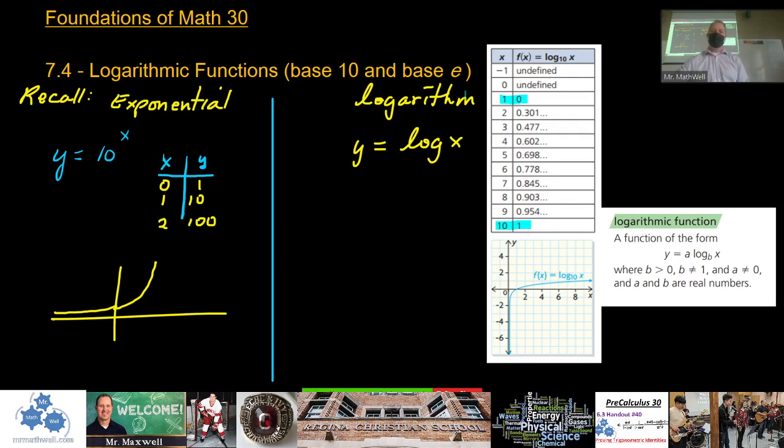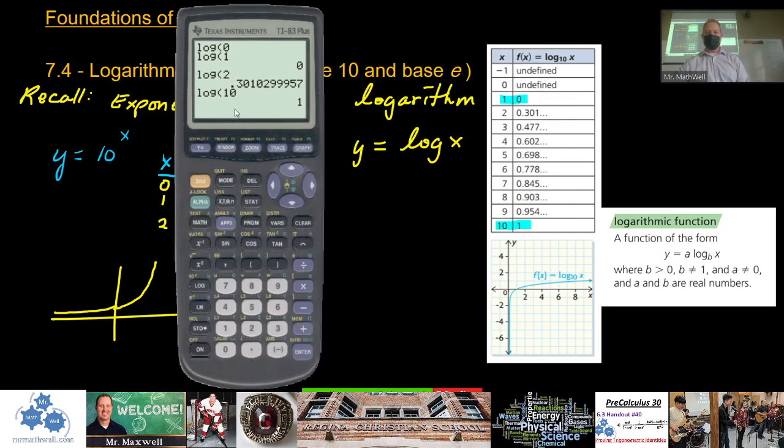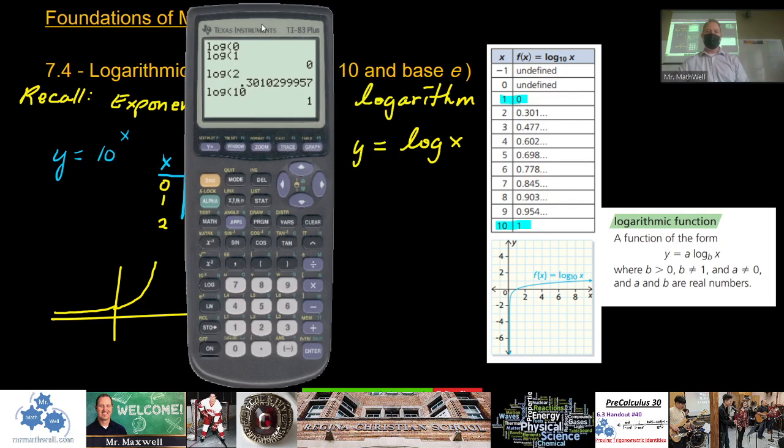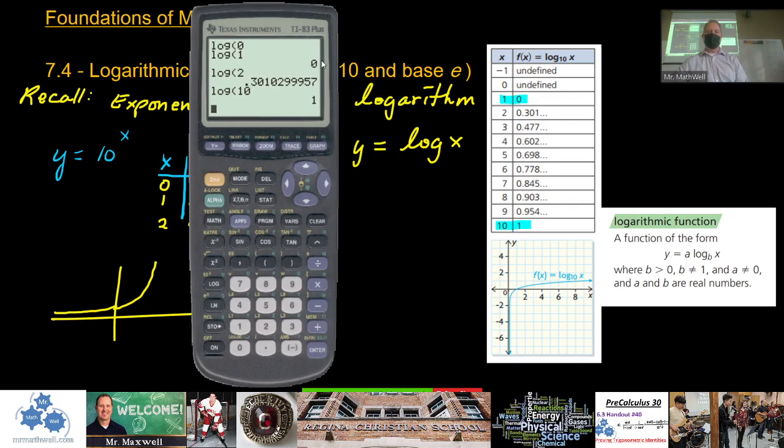So logarithms are a little bit different. The first thing I want you to notice is that on your log button, you should have the inverse function there, 10 to the power of x. You see that? The exponential function 10 to the power of x is actually the inverse of the log.